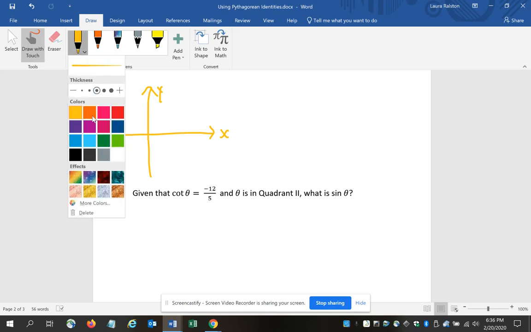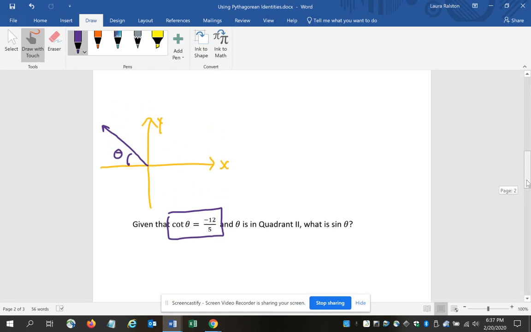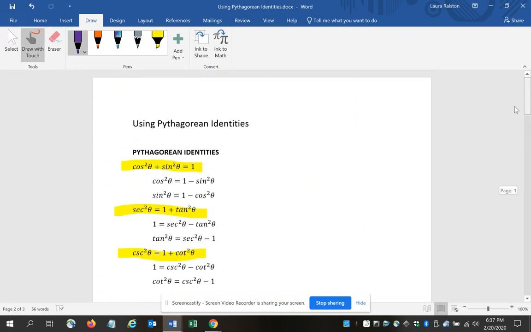And it tells me that my angle is in quadrant 2. So somewhere over here in quadrant 2, I have angle theta. It also tells me that my cotangent is negative 12/5. I'm ultimately looking for sine. So I'm going to scroll back up for a minute so we can look at our identities.